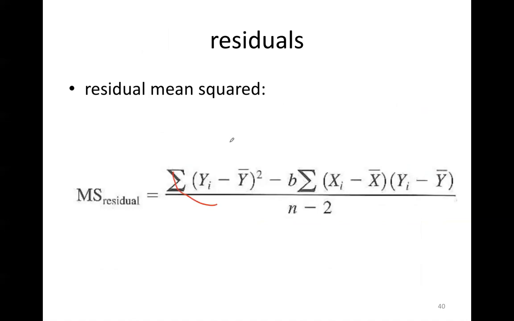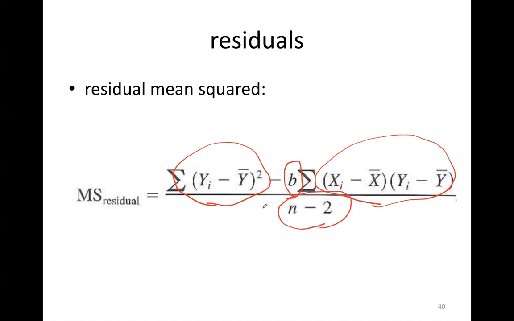You can use the y sum of squares minus the sum of products times the slope, divided by the degrees of freedom. And these components we've already calculated, or have already been provided in the question, so we can just use those components to calculate the residual mean squares.